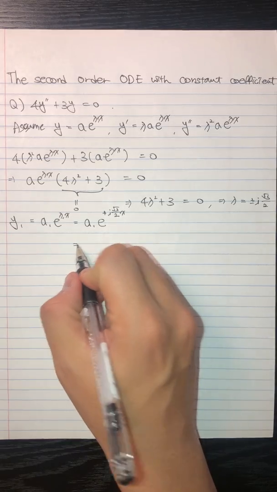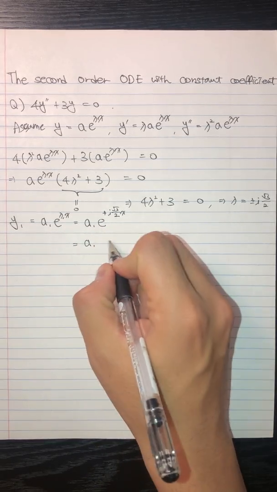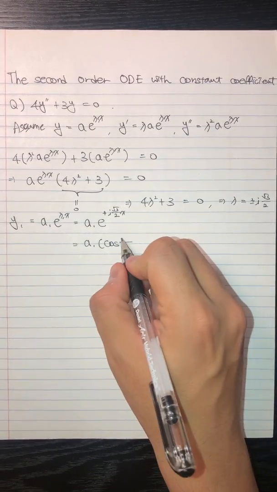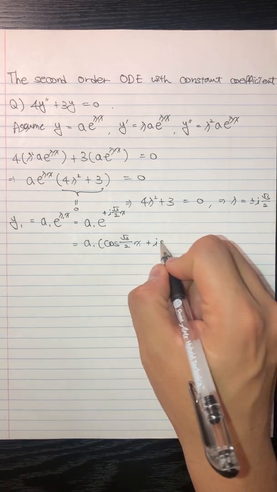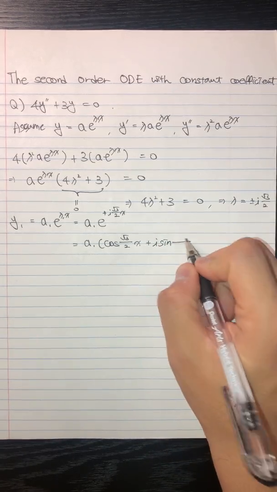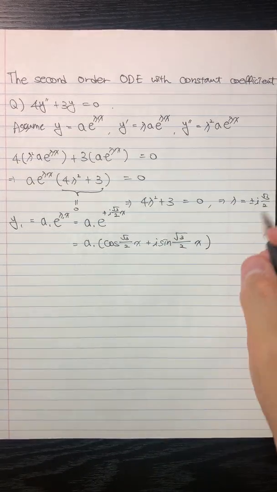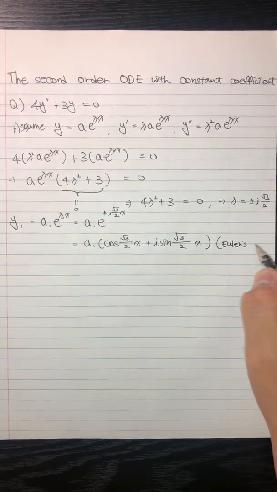We can rewrite this one by using Euler's equation. So a1 times cosine of √3/2 x plus i sine of √3/2 x, right? Euler's equation.